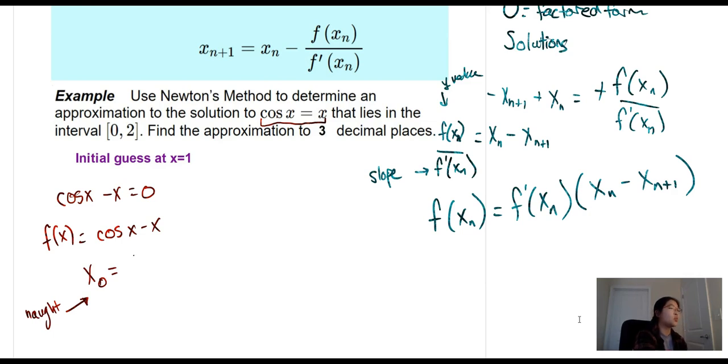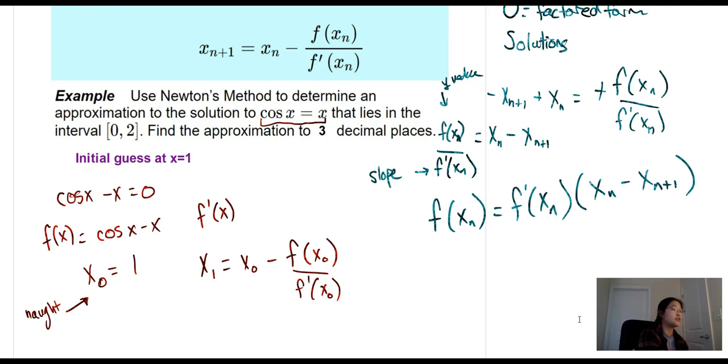X naught is 1, so that means that x sub 1 is x naught minus f of x naught over f prime. So I know that I have f of x, but I don't have f prime, so let's take the derivative. The derivative of cosine is negative sine of x, and my derivative of negative x is negative 1. So all I need to do is plug in what I have.